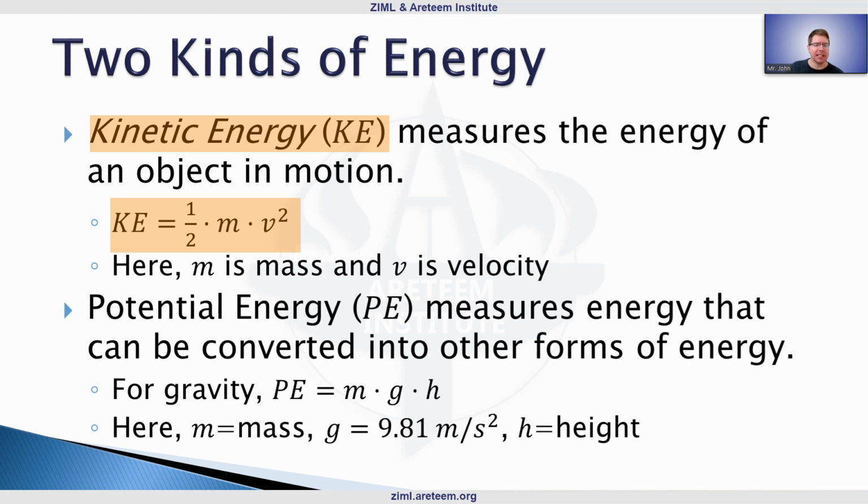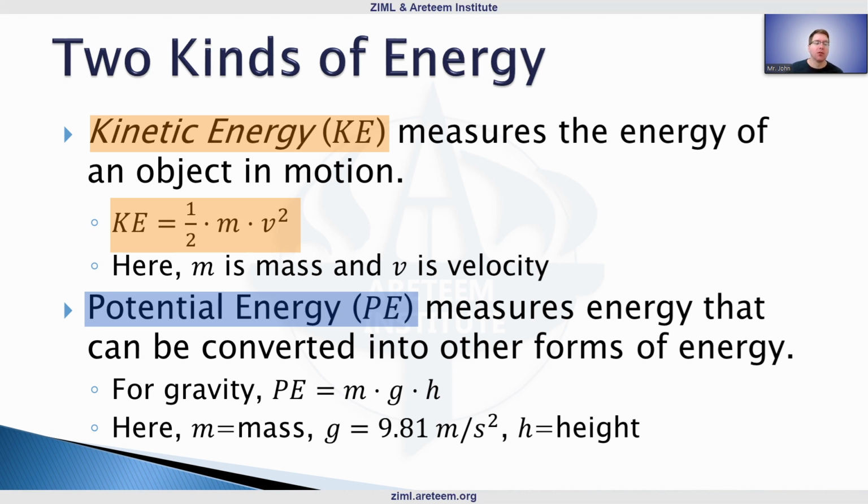That is in contrast to this idea of potential energy. So kinetic energy, motion. Potential energy is the kind of energy that can be converted. And that could happen in different ways.